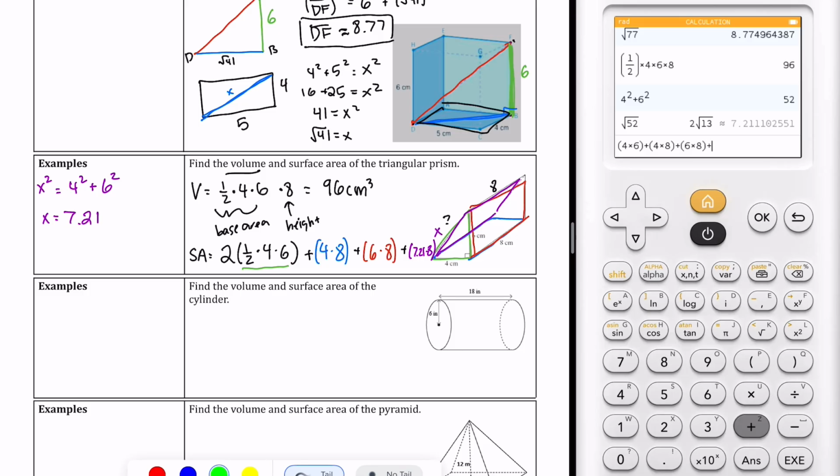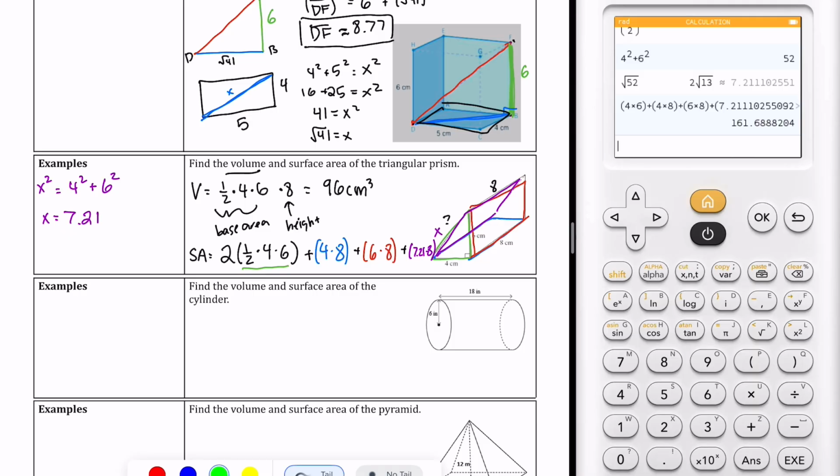And then I'm going to add that to this number here times 8. And we end up with 162 if we're rounding to 3 sig figs. So I'm going to just put that here. So surface area is approximately 162 centimeters squared.